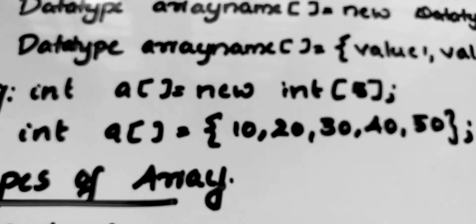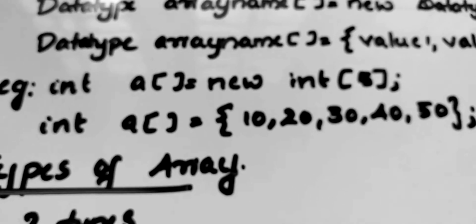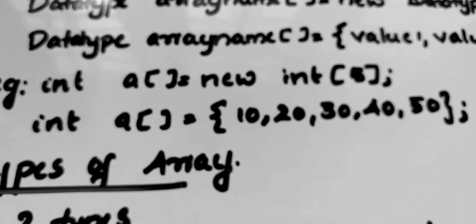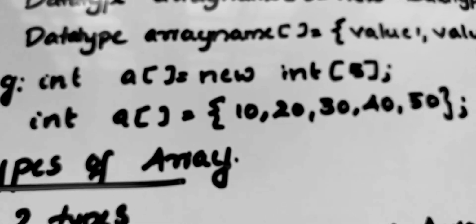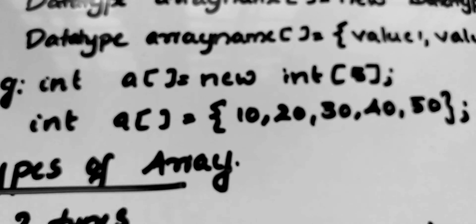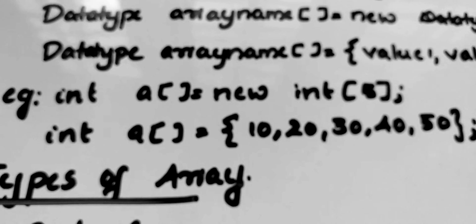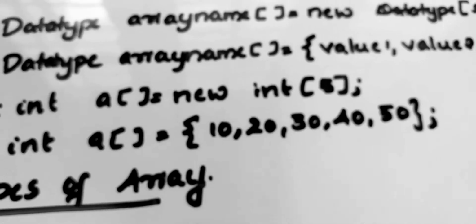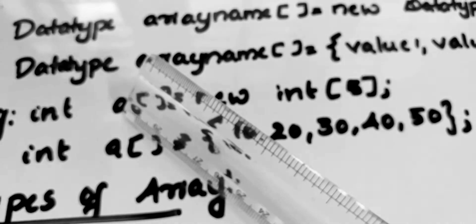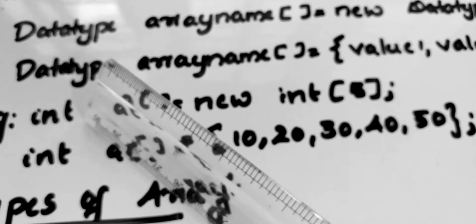So here is an example. That is, int a, then open and close square brackets, equal to new int of array size. Here we can see the data type we declared is int.